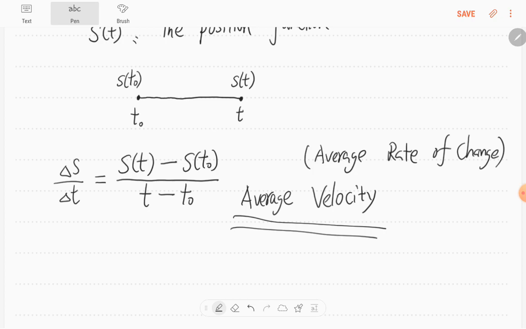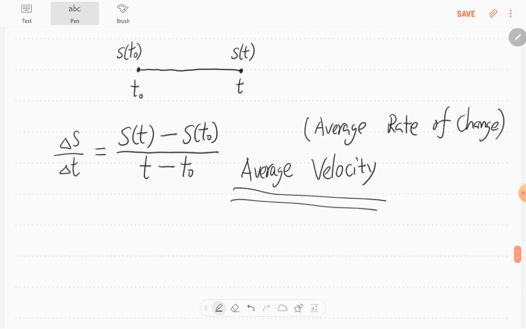So if this time t is very close to t naught, then the average velocity will approach something. If t is very close to t naught, the average velocity will approach the velocity at the t naught moment.